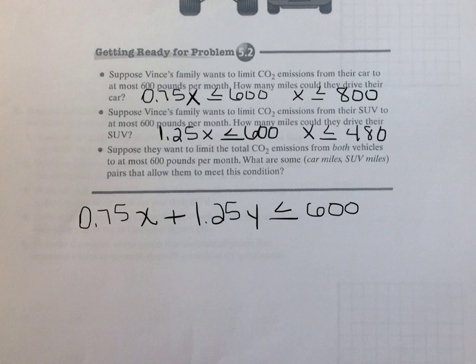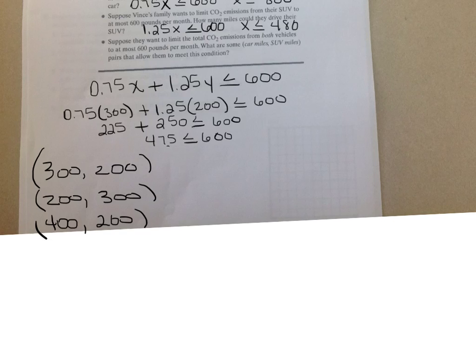So go ahead and pause the video and think of 3 ordered pairs that would meet this condition. Okay, the 3 ordered pairs that I found to meet this condition are listed.